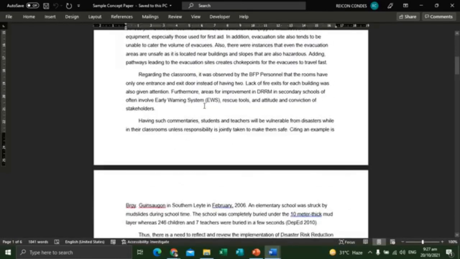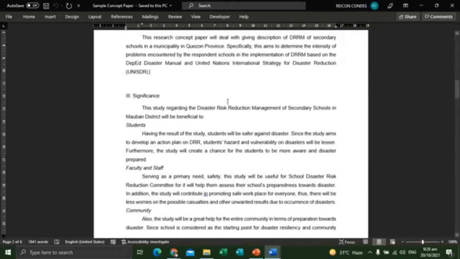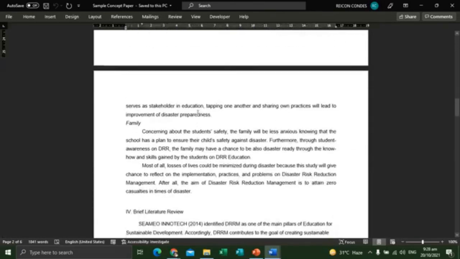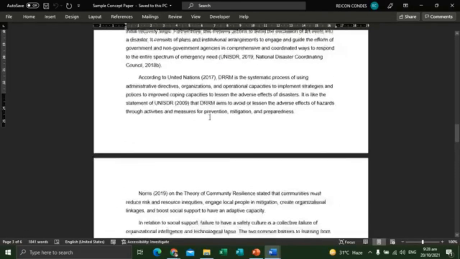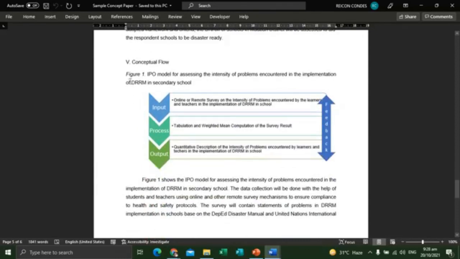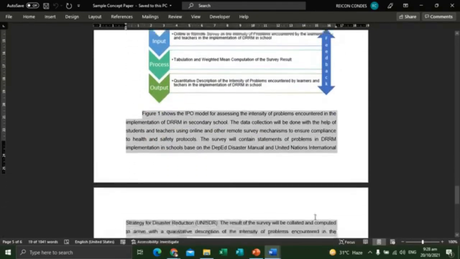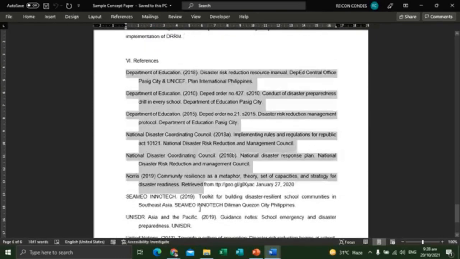Ayan. And then objective. Maikli lang. Basta ma-mention nyo lang yung nabanggit ko kanina. Then the significance. Overall significance, nandito siya sa ibaba. Then, brief literature review. And then, the conceptual flow. You discuss the conceptual flow. And then, the references. Andito yan sila.